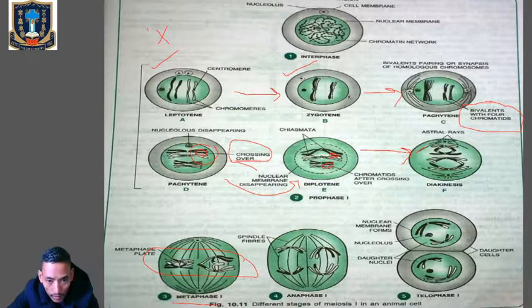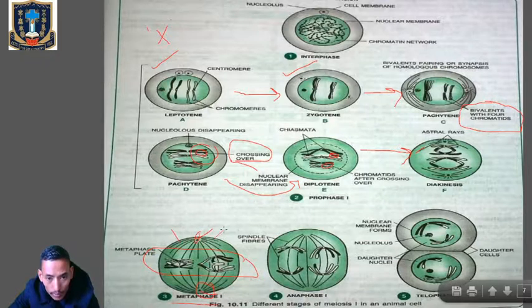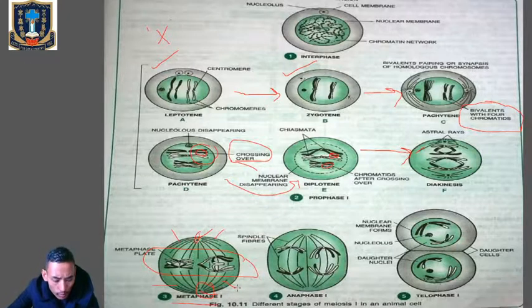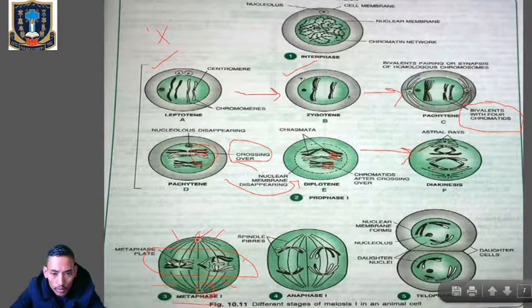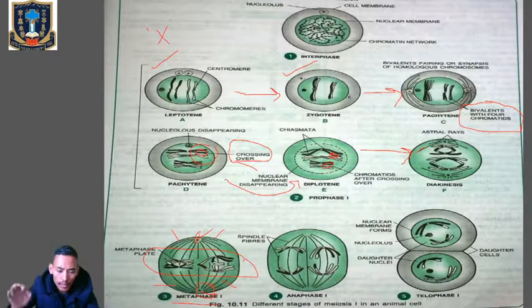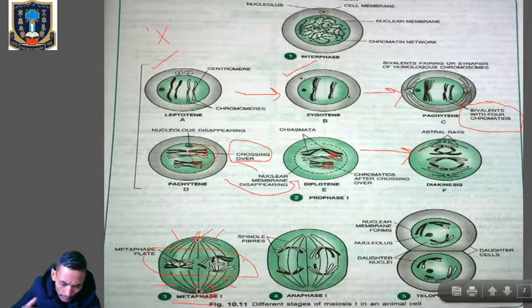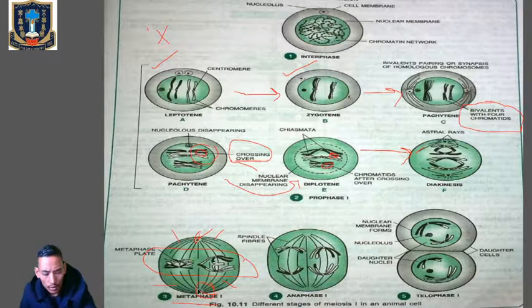You can see the microtubules from the first pole and the opposite pole, present at each respective pole. These microtubules will attach to the pair of homologous chromosomes during metaphase.